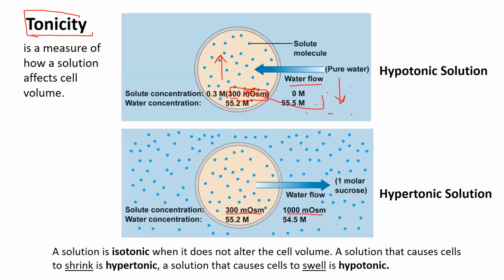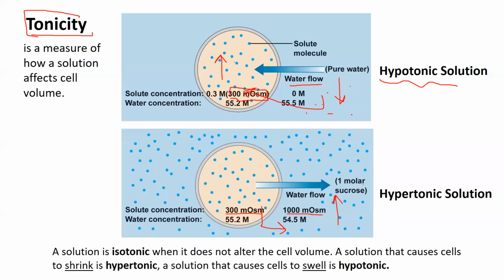The solution has higher osmotic pressure. And so the water inside the cell will move to the outside, and this will make the cell shrink, okay? And so if the solution makes the cell swell, this solution is said to be a hypotonic solution, okay?